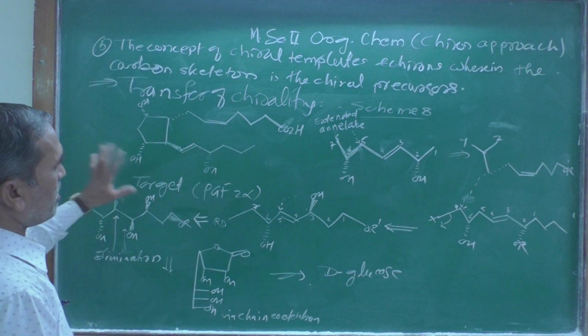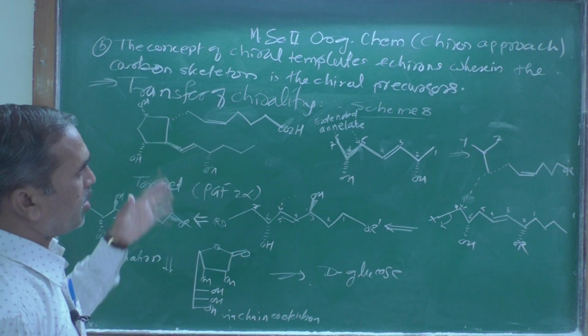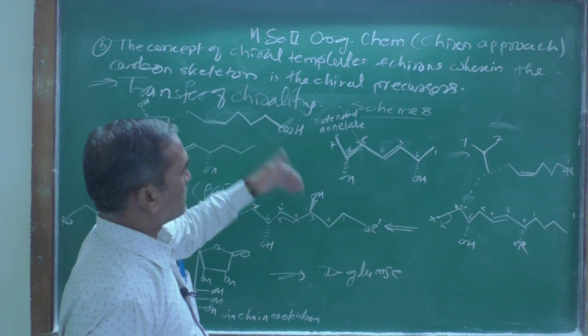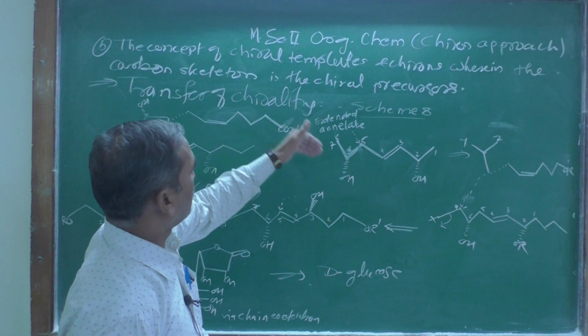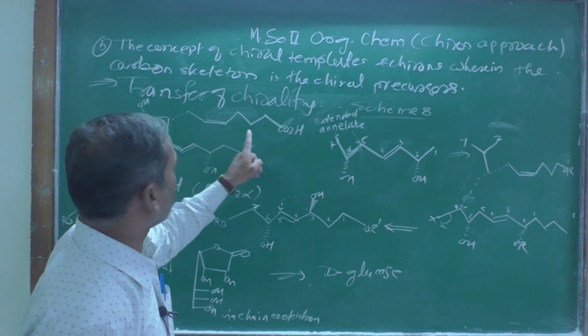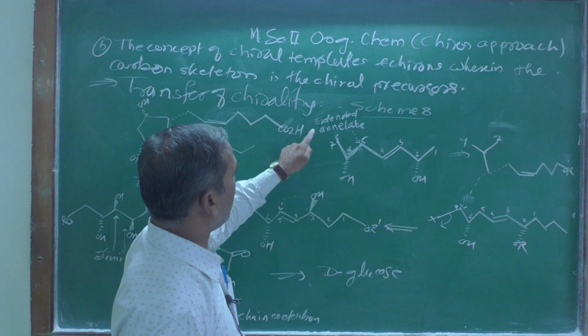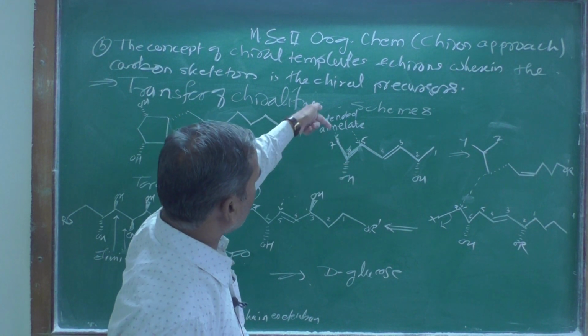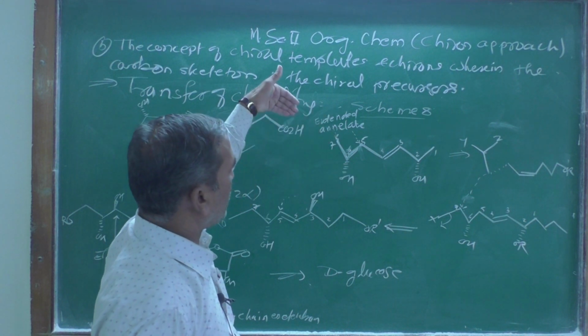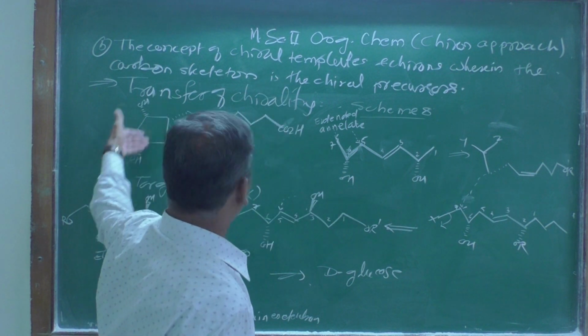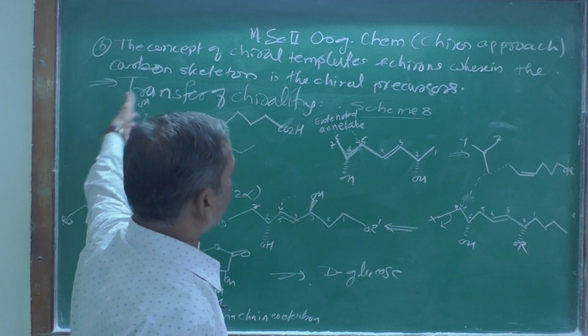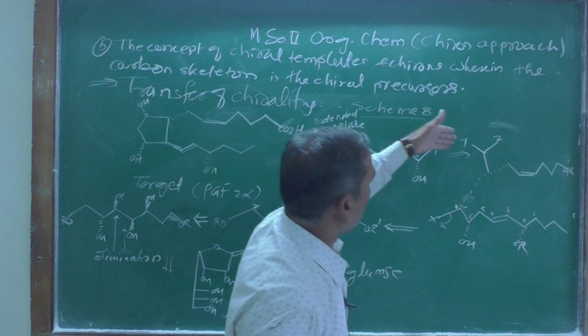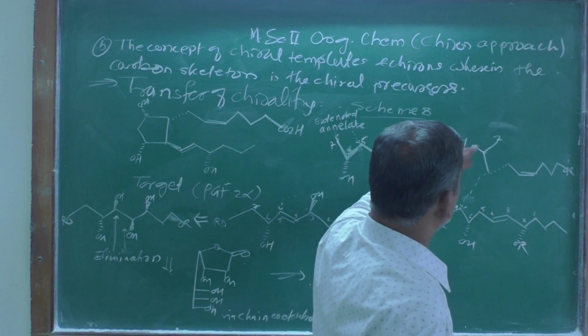How this transfer of chirality can be carried out, in this example we are going to learn here. Here we specifically extend and annulate. We can extend that certain part. Look at here, there are 2 groups present.